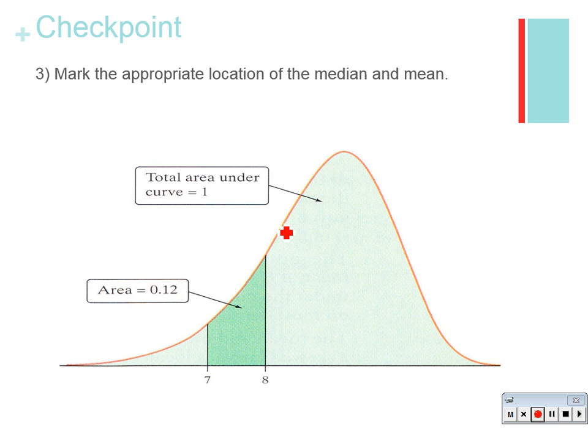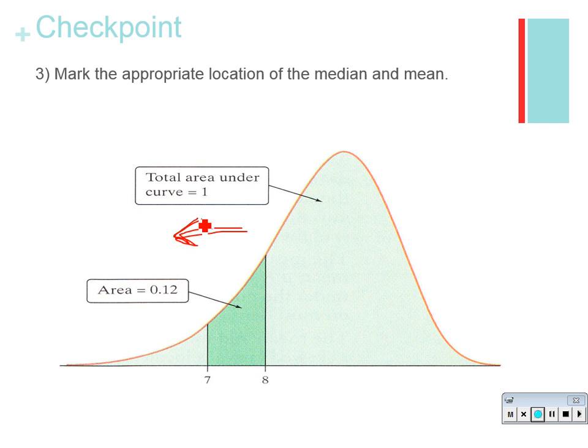The other question here says mark the appropriate location of the median and the mean. Hopefully you noticed with this graph that the graph is slightly skewed left. So remember the relationship between the mean and the median when you have a graph that's skewed left. The mean will always get pulled towards the tail end of the graph.